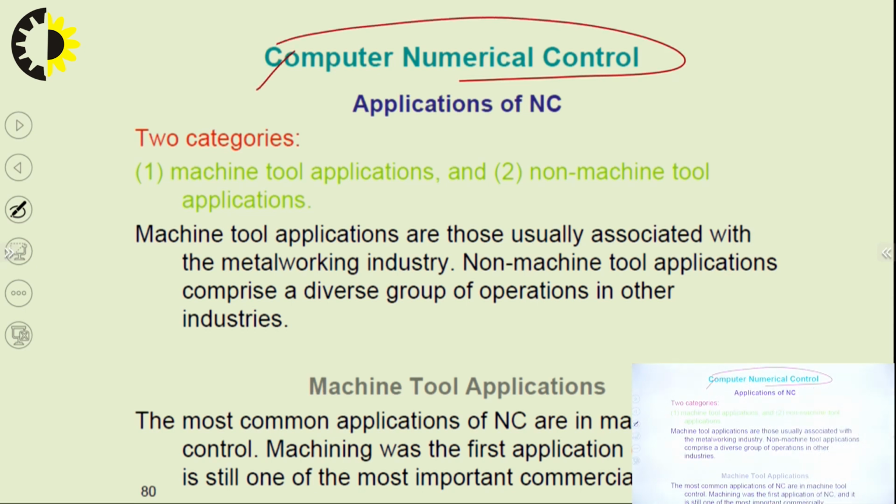The first is machining or metal removing techniques, and the other is other machine tool applications, like robotic applications, where this system can be used. Machine tool applications are associated with metalworking industries, and non-machine tool applications comprise a diverse group of operations in other industries.